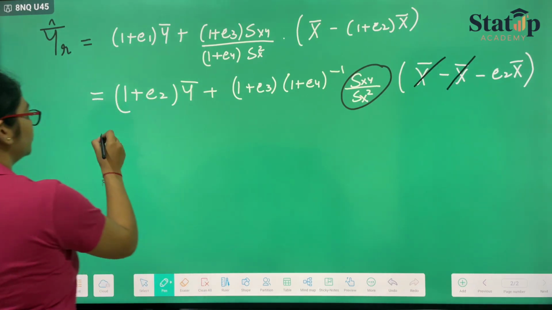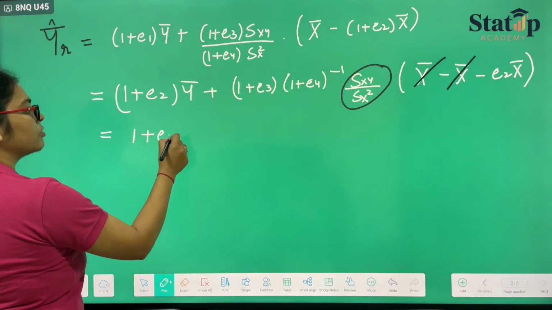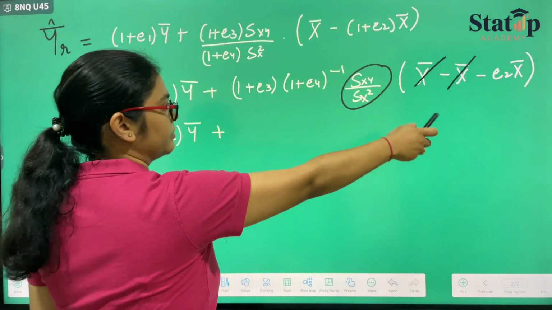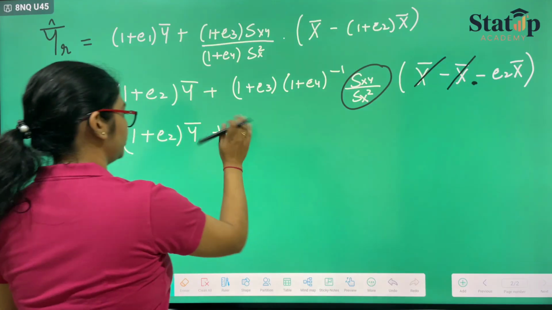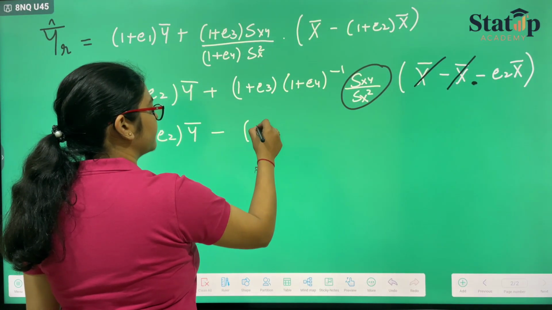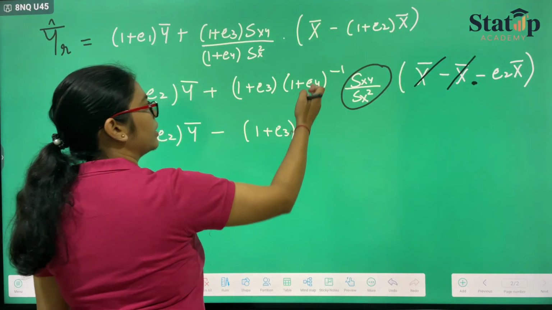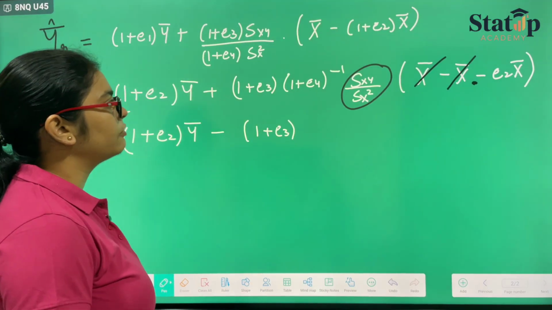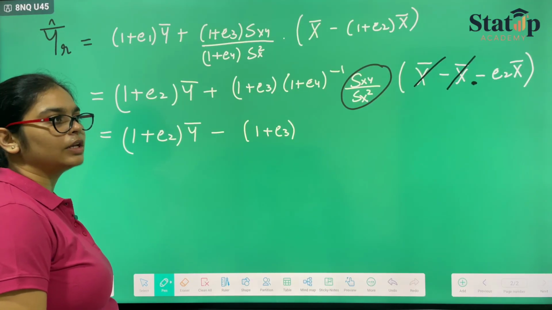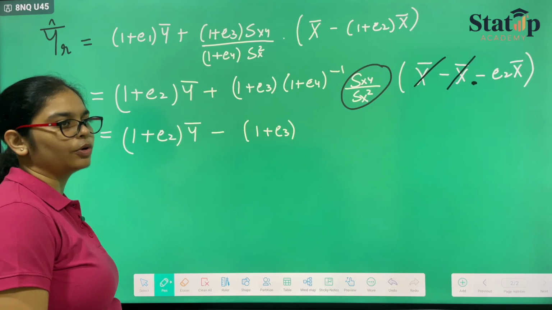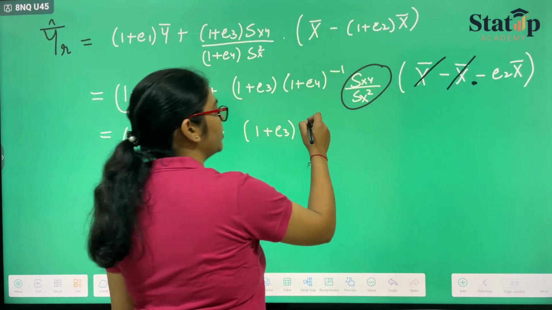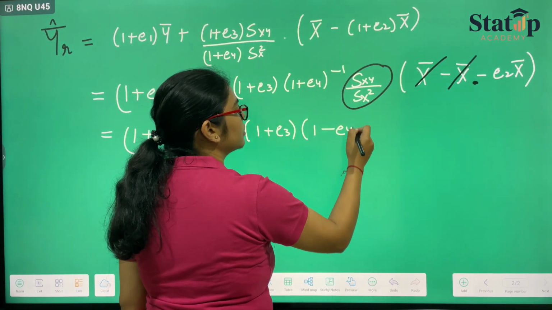So substituting the value, we will get 1 plus e1 y bar plus. Now we have a minus sign here, so instead of plus, it will be minus, 1 plus e3. Now the expansion of 1 plus e4 raised to the power minus 1 will be 1 minus e4 plus e4 square minus e4 raised to the power 3 and so on. But we have to take up till first approximation, so it will be 1 minus e4 only.